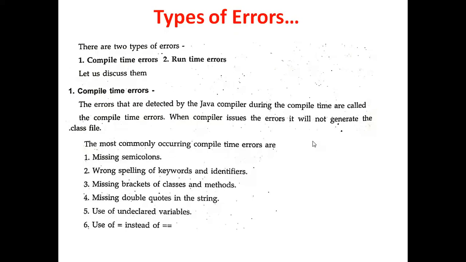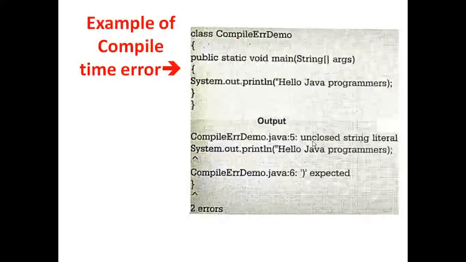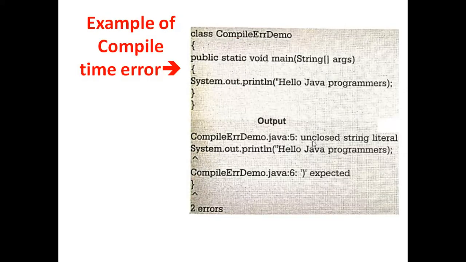Now we'll see one simple example for compile time error. Here I have created one class, CompileErrorDemo, in which I have written the main function, and in the main function I am printing one string by using System.out.println, and I have written "Hello Java programmers". In the output you can see there is an error shown, which is a compile time error.